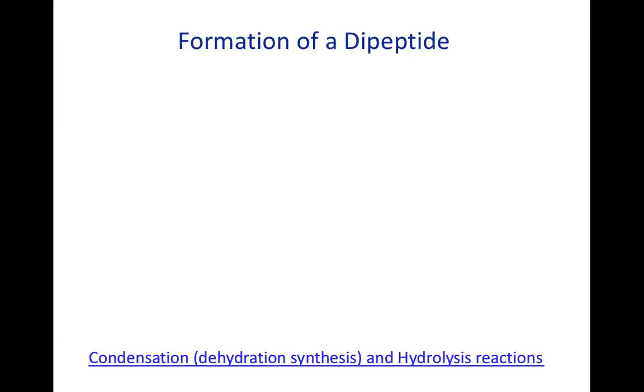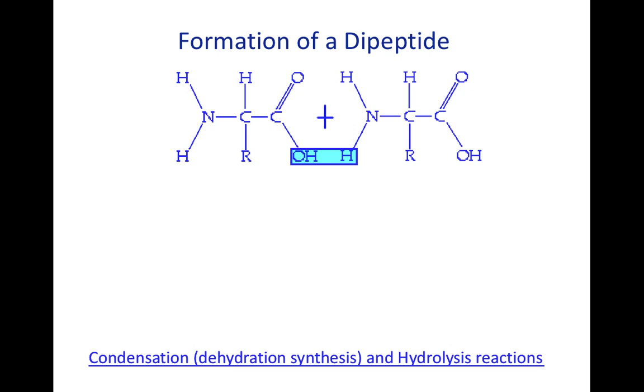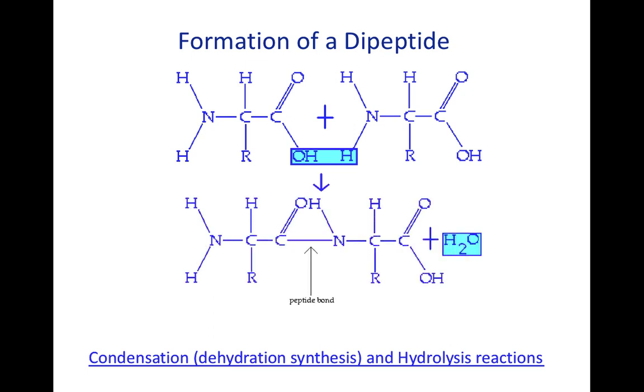When amino acids are put together to form a protein, there are specific reactions that occur. When putting two amino acids together to form what we call a dipeptide, which simply means two amino acids, two hydrogen atoms and an oxygen atom are removed, and a bond called a peptide bond is formed.